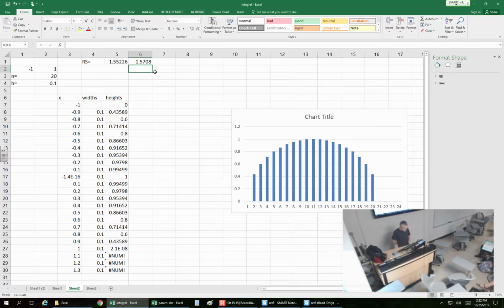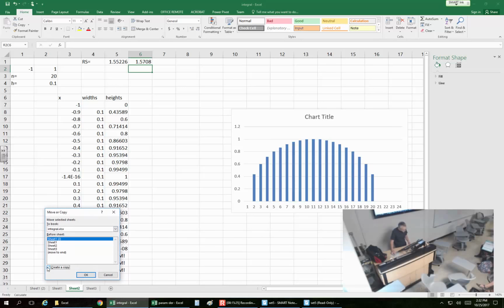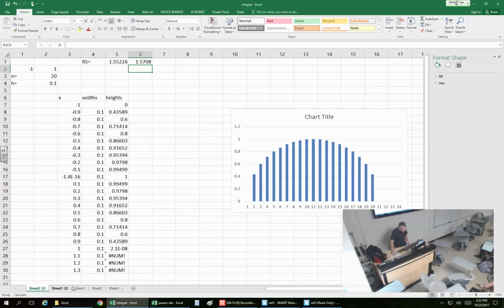I don't want to do it from scratch. Let me make a copy of this, and so instead of computing the area of a circle, what am I going to be doing? Volume under the surface. Yeah, but what is the surface? Cylinder? No, sphere. So we'll be computing the volume of the sphere.